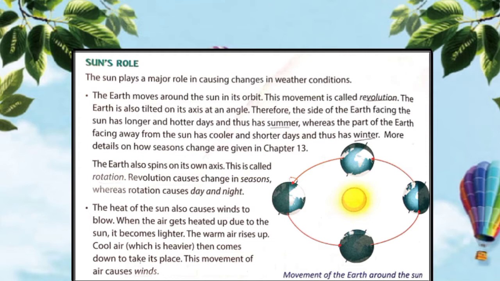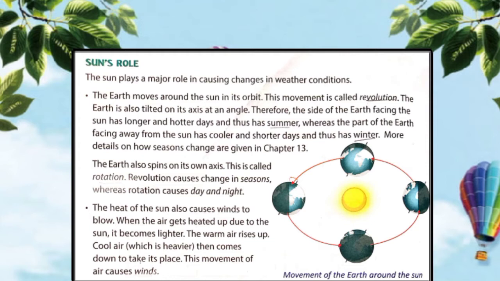It also spins, and in science we call that rotating on its axis. And since the earth revolves around the sun and rotates on its axis at the same time, we experience seasons, day and night, and changing shadows throughout the day.